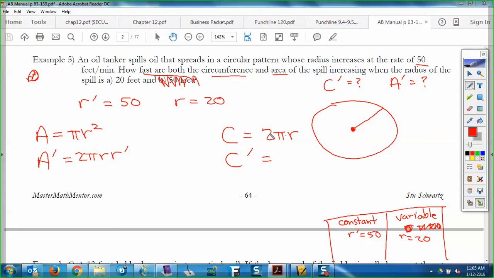2 pi is just a number, set it down front, right? So what's a normal derivative of 2 pi r? 2 pi. Tack on r prime, right? 2 pi r is just like 6 something times r, right? What's the derivative of 6r? 6, right? Tack on r prime, right?